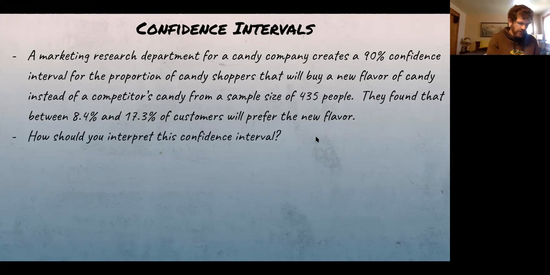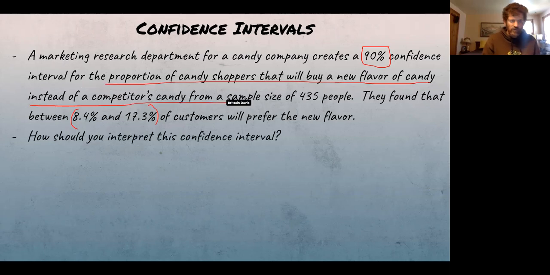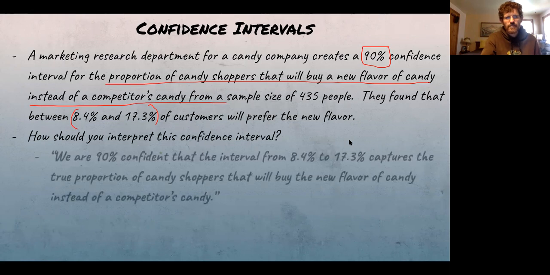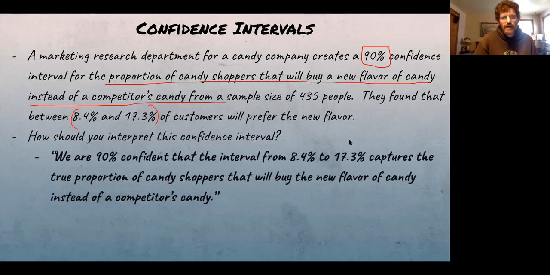All right, so let me just highlight this. We've got a 90% confidence level. We've got our actual confidence interval right here. Here's my context: the proportion of shoppers that will buy a new flavor of candy instead of a competitor's candy. All right, so here's the interpretation. I'm not asking you to share this right now. This is kind of a template, and I will make sure that we see this quite a few times.